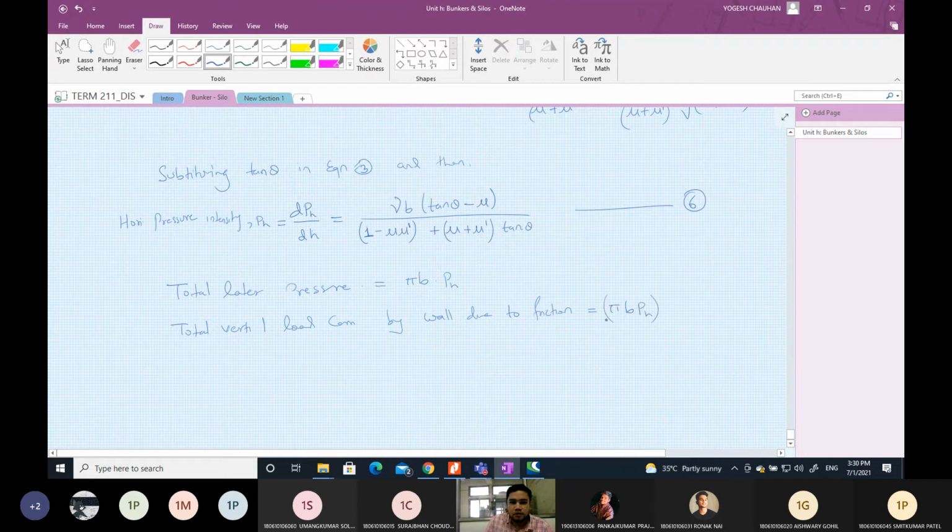This is the total lateral pressure, and multiply this with the coefficient of friction between the wall and the material, that is mu dash.